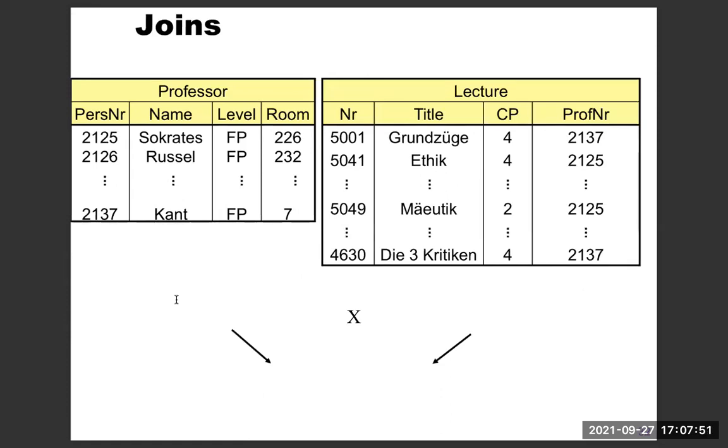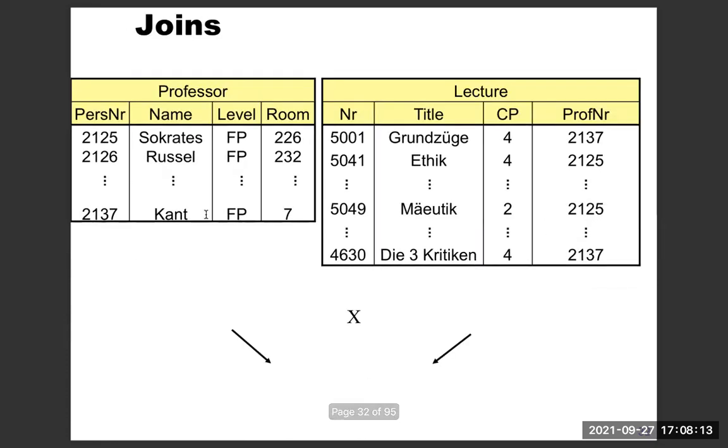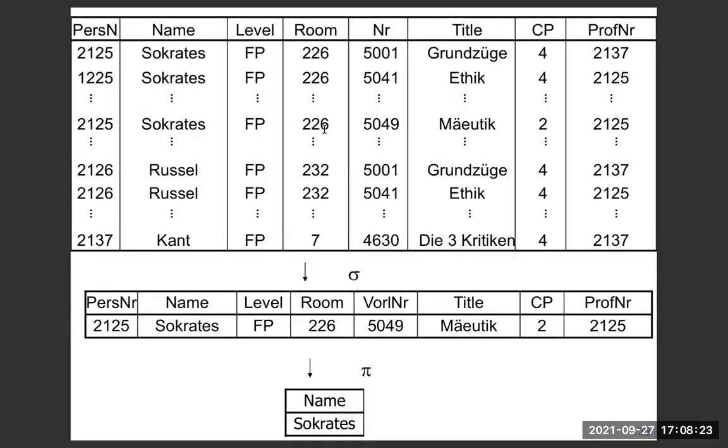So how may this be evaluated? I have two tables and then the Cartesian product of them. I have, let's say, 7 records here and 20 or so records there. So this table has 7 multiplied by 20 records.